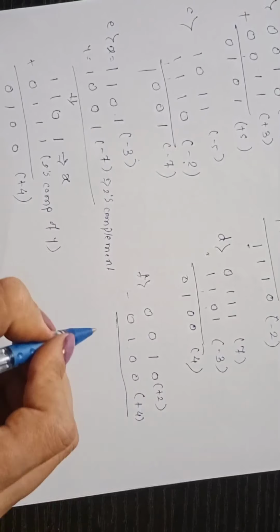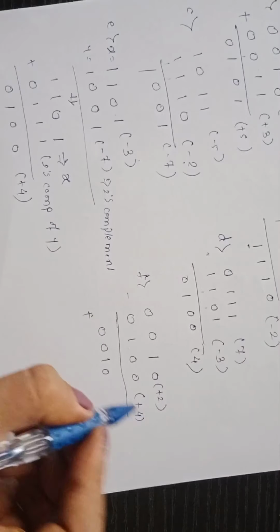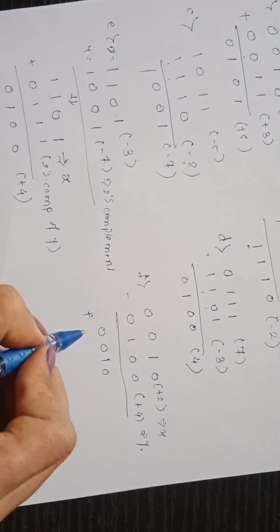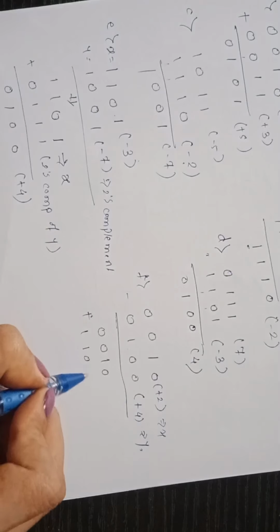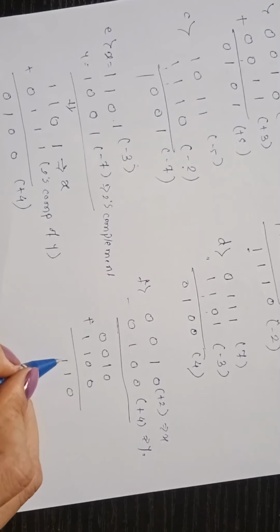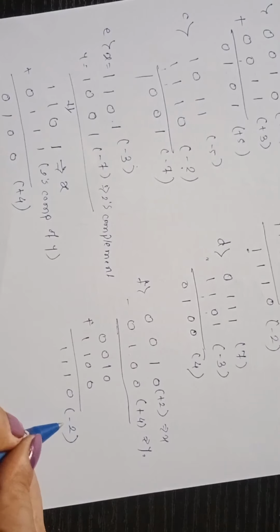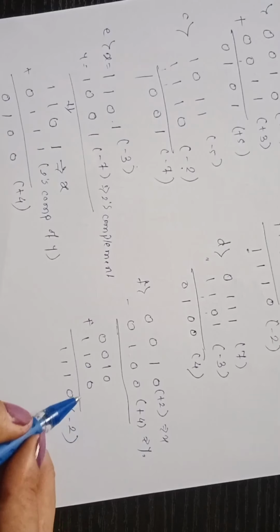Now again 0 0 1 0 will remain as it is, and we have to add the 2's complement of this y. Now here the 2's complement of this y is 1 1 0 0. Now what will be the result? 1 1 1 0. So the result is minus 2. Okay. What is 2's complement? First find the 1's complement and then add 1 to it.